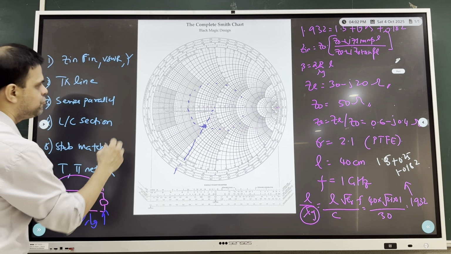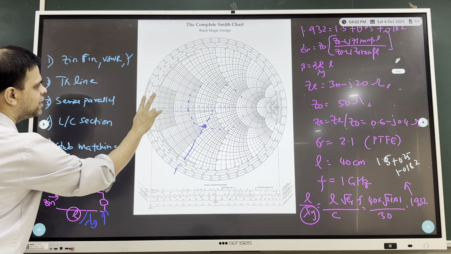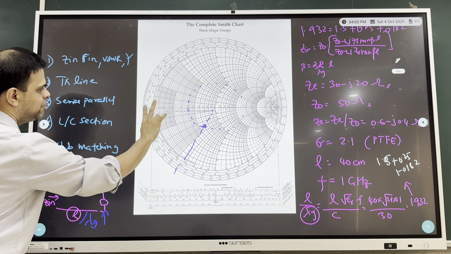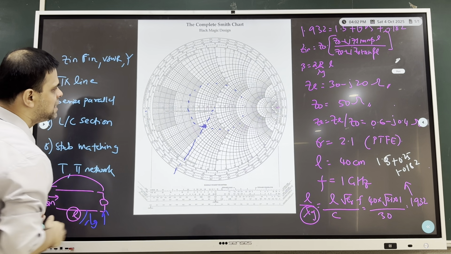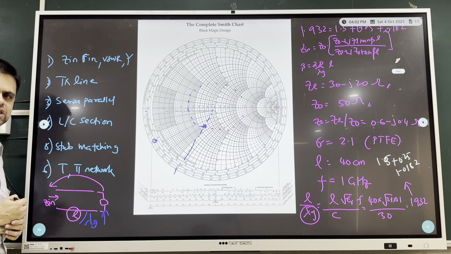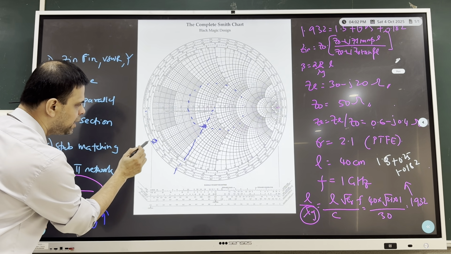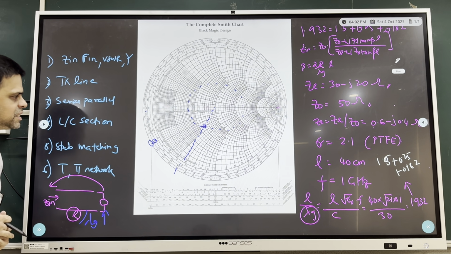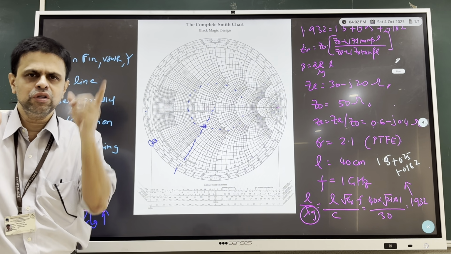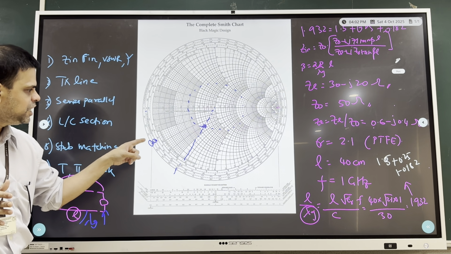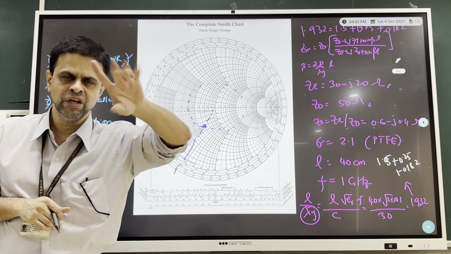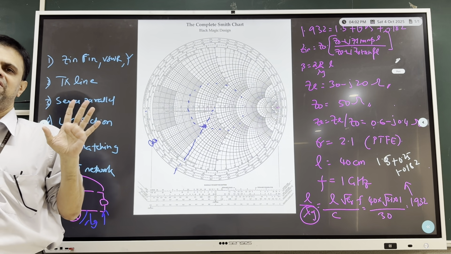Now here, wavelength towards generator is written on the outer perimeter of this circle, and wavelength towards load is written on the inner side. So the addition of both will always be equal to 0.5. Why? Because one rotation on the Smith chart is 0.5 wavelength.